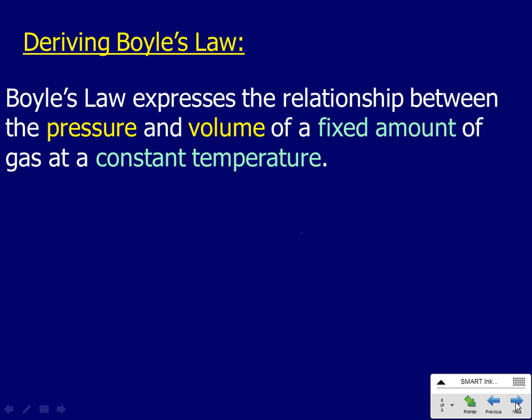Now we're going to do a little activity here. Boyle's law. Don't write this down. I have it all on a page. Boyle's law is the relationship between the pressure and the volume of a certain amount of gas that's caught in a reservoir, like in a tube like this. And we're going to take some quick data here so that you can graph it and determine what that relationship is.